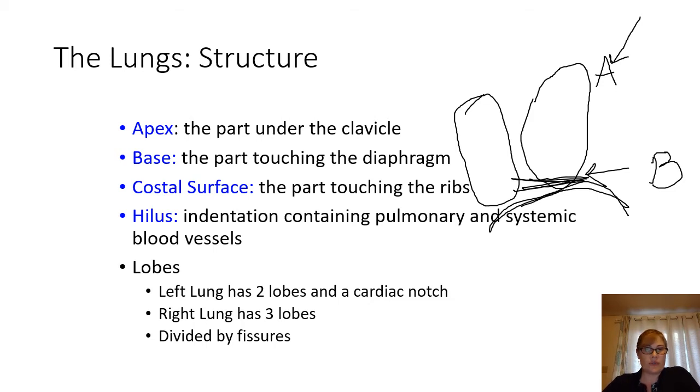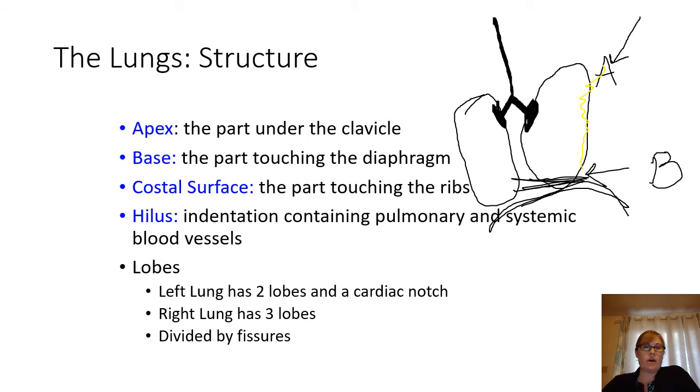The costal surfaces are the outer surfaces, the surfaces that touch the ribs. We already talked about the hilum. So if this is our trachea and these are our initial primary bronchi branches, then this location and this location are going to be the hila.